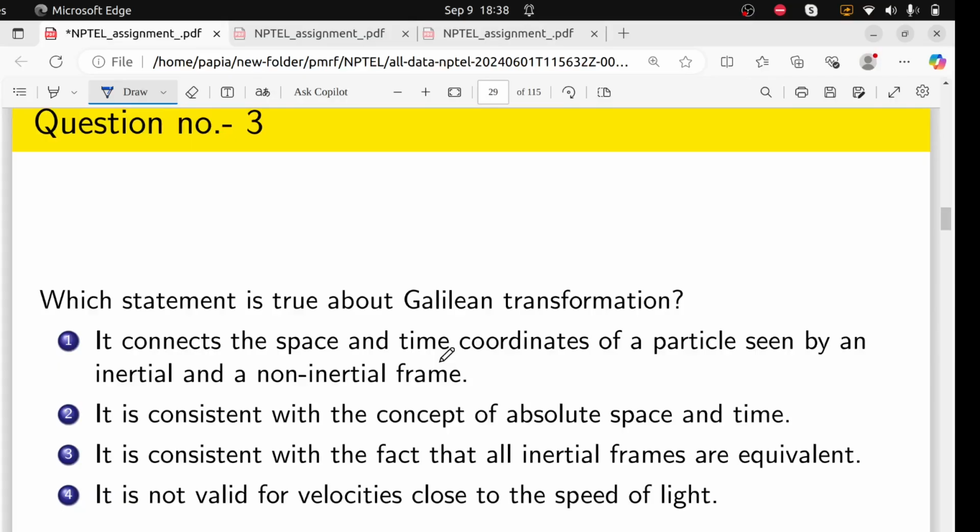Which statement is true about Galilean transformation?